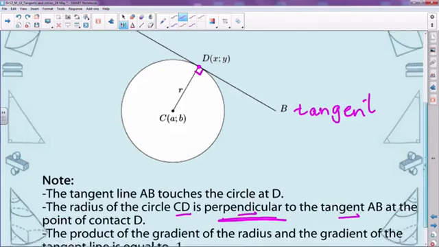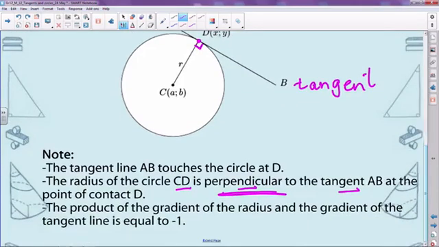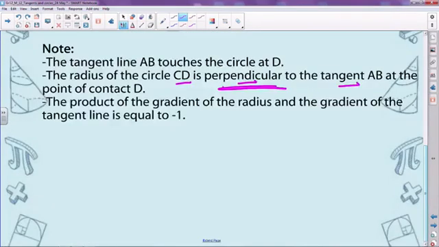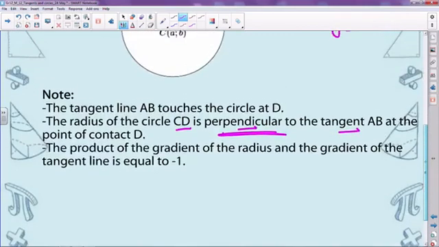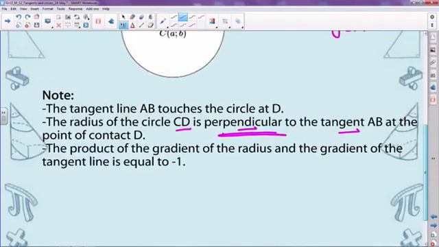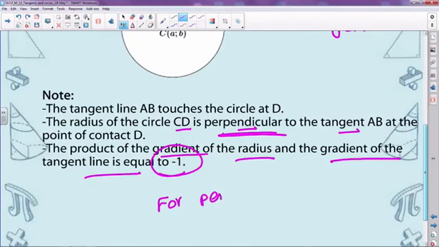Now that is very important because we know something really interesting about the products of gradients of perpendicular lines. We know that the product of the gradient of the radius and the gradient of the tangent line must be equal to -1. And that comes from the fact that if two lines are perpendicular, the product of their gradients will always be -1.